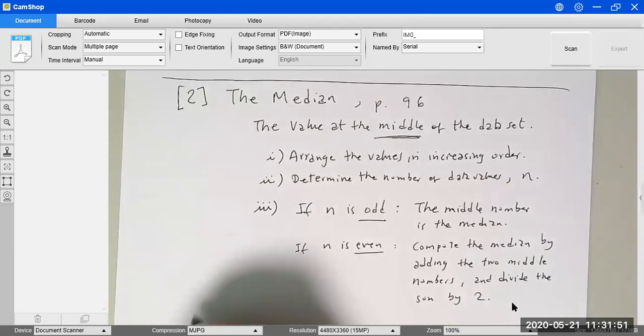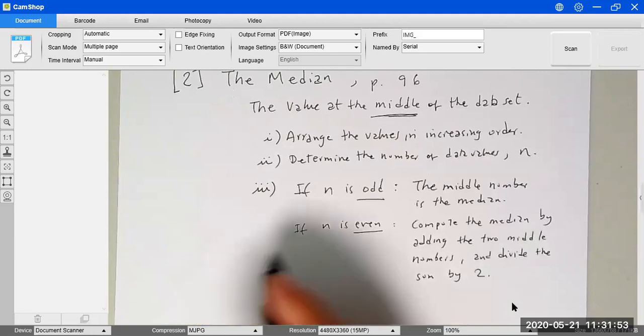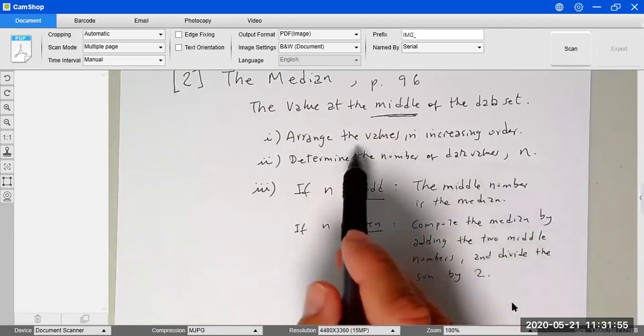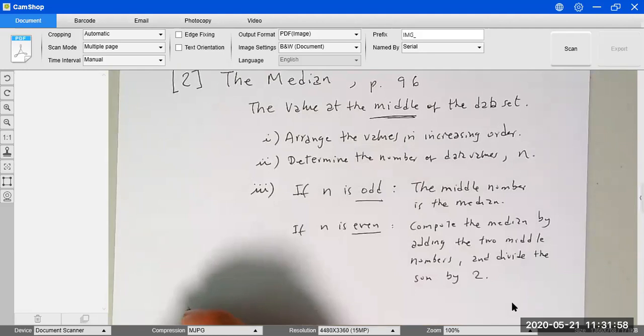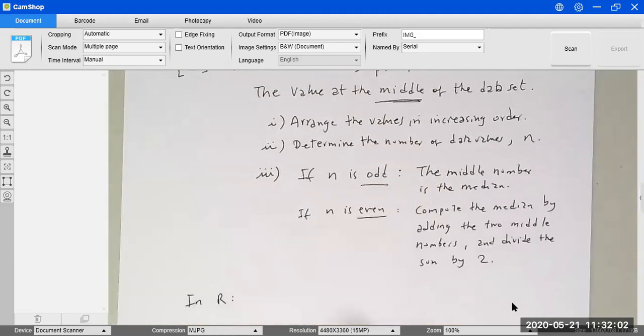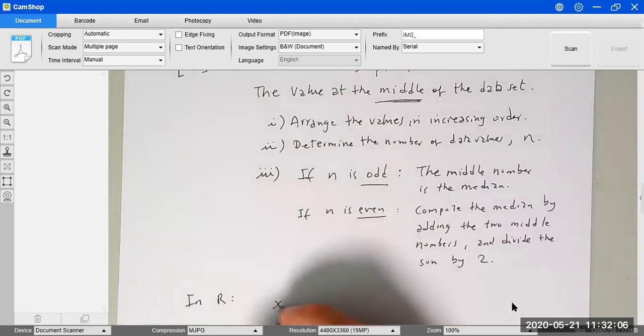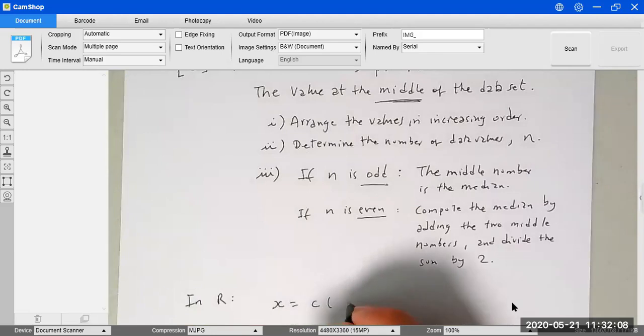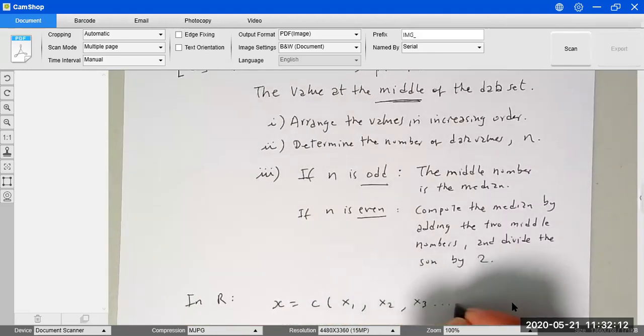In R, you can use R just to do this sorting. You can use a function in R to sort your values. To arrange the values in order, you can have first your data set, again x1, x2, x3, and so on.